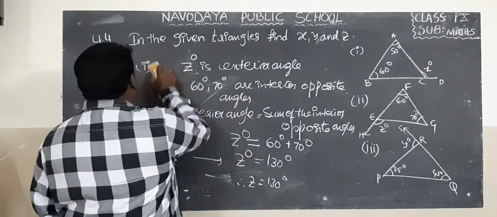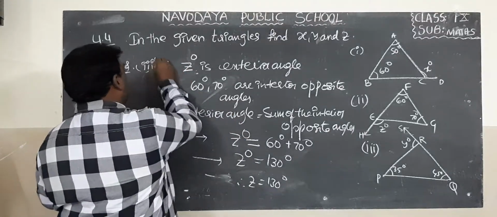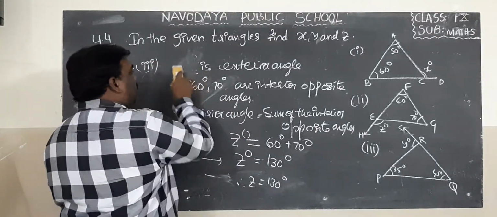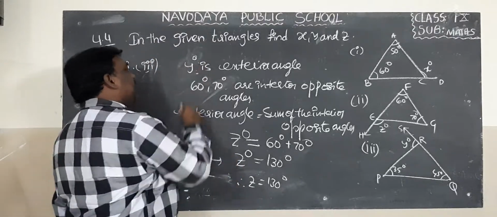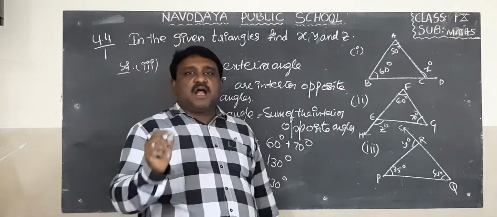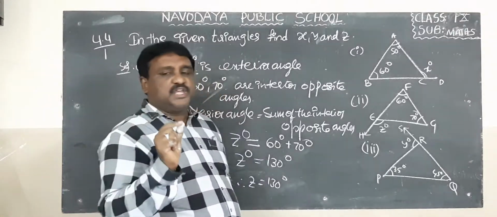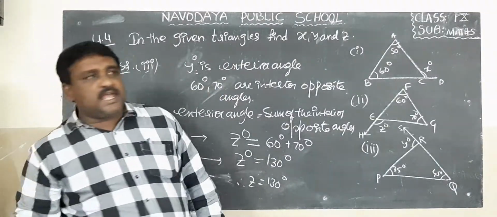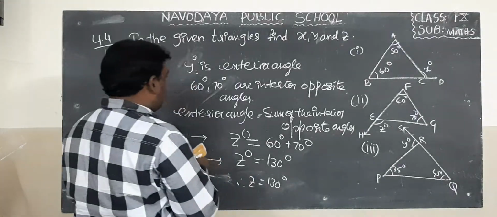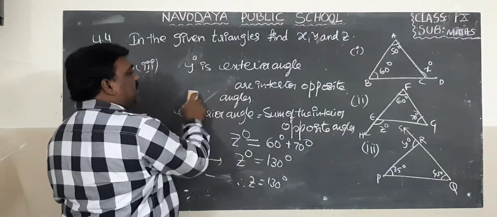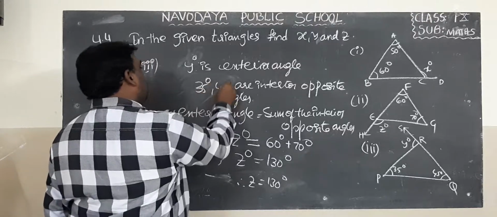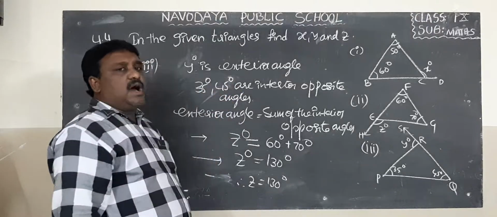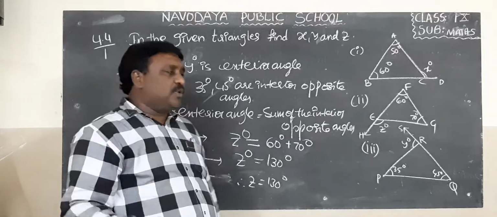Third diagram. Solution for the third diagram: in the third diagram, what angle lies outside the triangle? Y. Y is the exterior angle. What are the interior opposite angles? 35 degrees, 45 degrees are interior opposite angles.